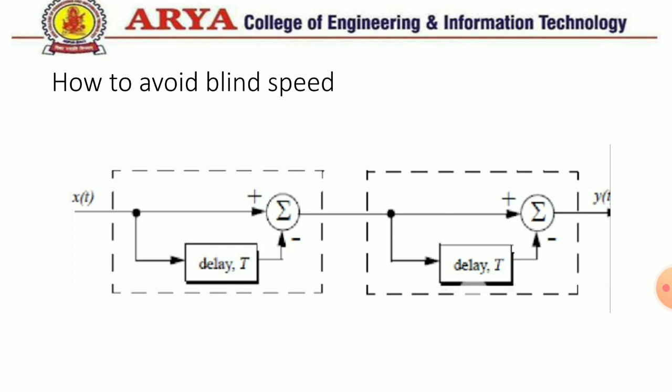If you connect multiple delay line cancellers in cascaded form, then we can provide that resolution which does not happen with a single canceller. So this is how we can connect delay line cancellers in cascaded form to avoid blind speed of an object.